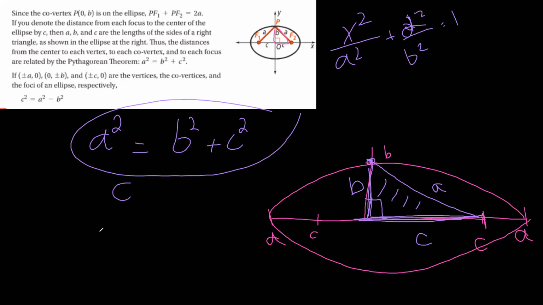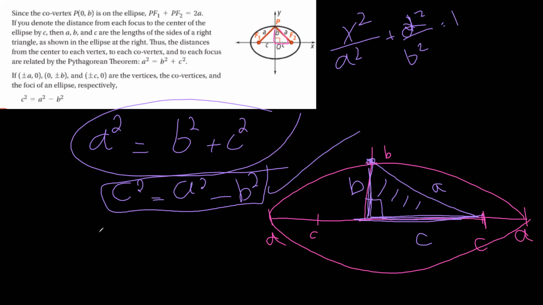In this formula, I can say now that C squared is equal to A squared minus B squared. If I have A and B from the equation, I can find C using this relationship, that C squared is equal to A squared minus B squared. Is it clear? Yes. Okay. Now let's have an example.